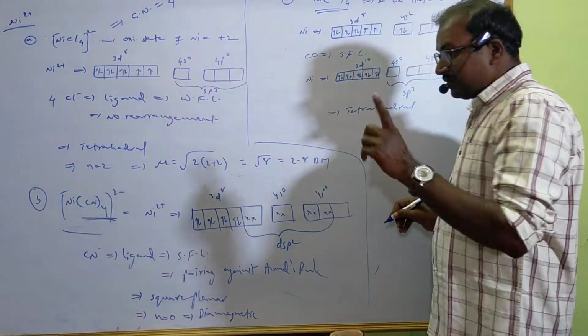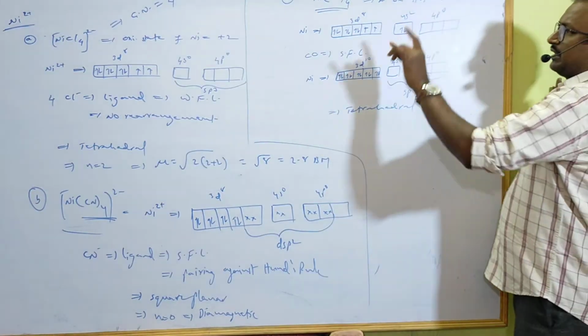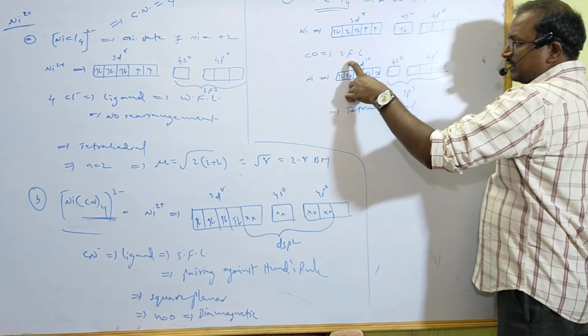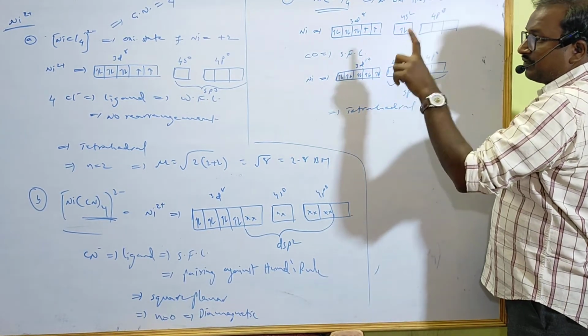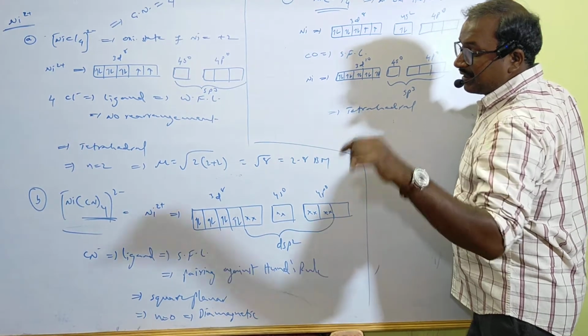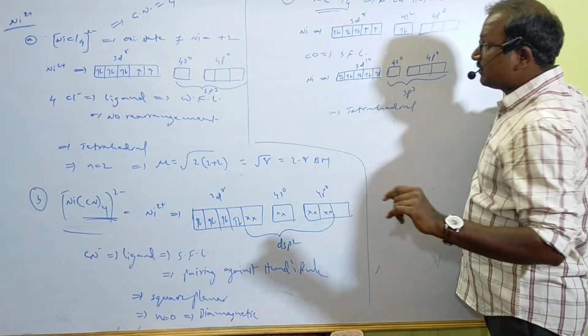Due to that it possesses tetrahedral shape. Remember, usually if strong field ligands are present, electron pairing takes place, we get low spin complexes by involving the n-1 d orbital.